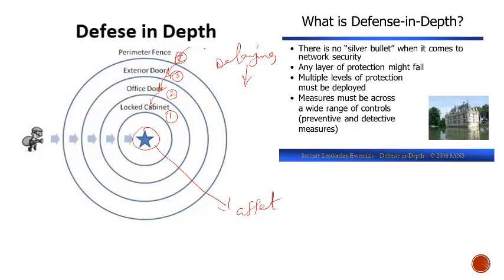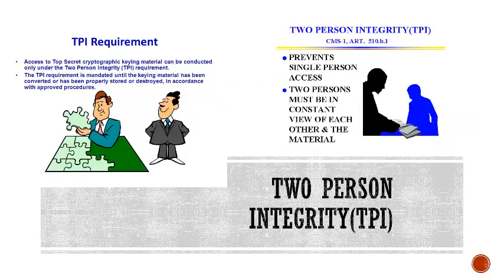We're going to talk about different types of controls: preventive, corrective, and detective. But you have to implement several kinds of control in order to protect the asset, and these controls have to be in layers, and that is what the principle of defense in depth is all about.